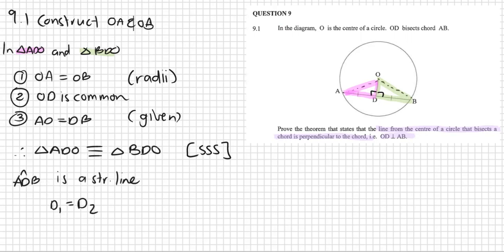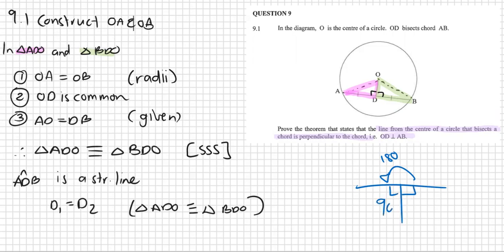We know this because our triangle ADO is congruent in every way, including angles and sides, to triangle BDO. So we've proved this already. Just on the side, not part of your proof: if it's a straight line, then the angle is 180. And if you halve that straight line, both of those angles are going to be 90 each.